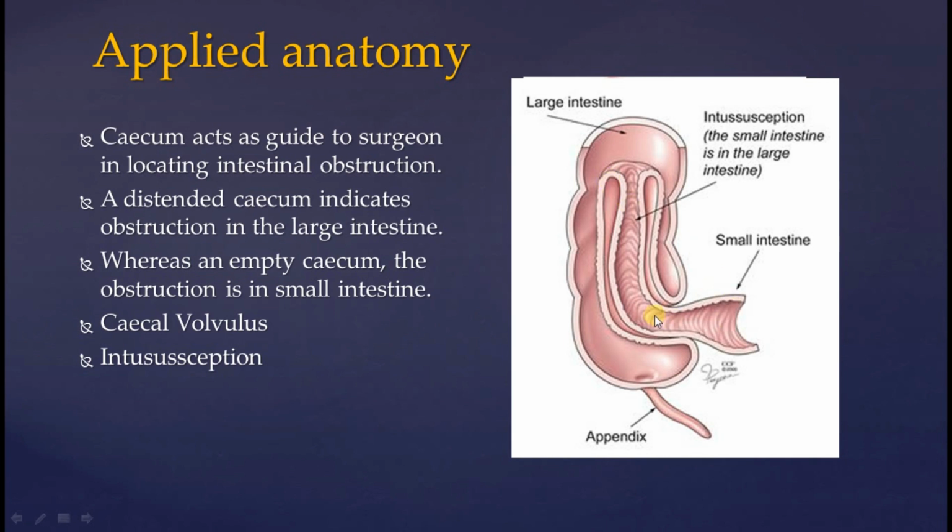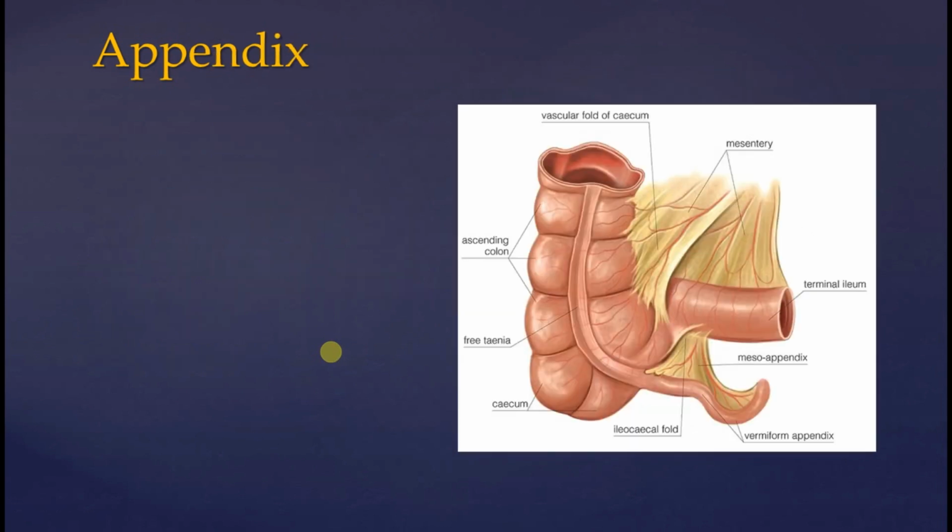So the ileum is herniated into the cecum or ascending colon, which is called intussusception. Volvulus and intussusception both produce intestinal obstruction. If chronic, it might also lead to gangrene formation if the blood supply is severely compromised.